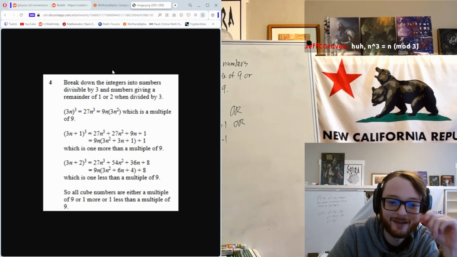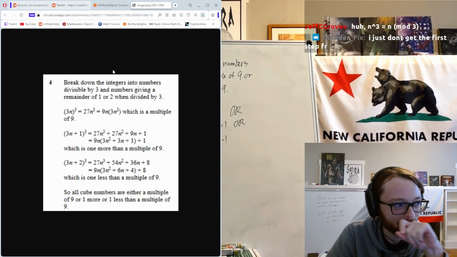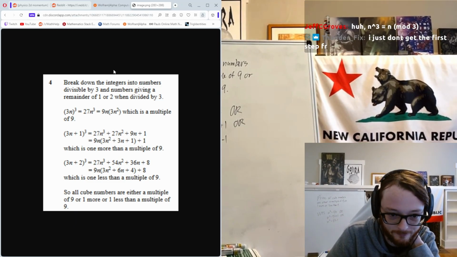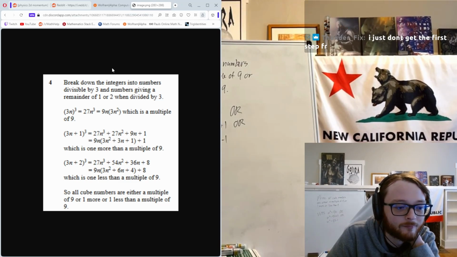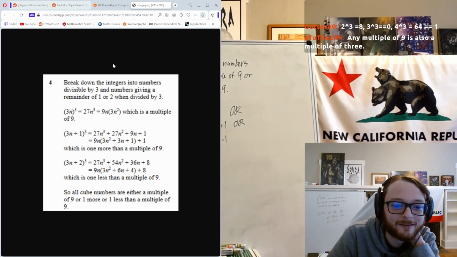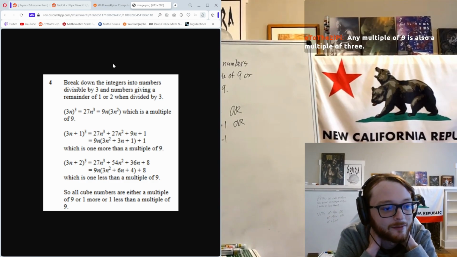Yeah, because why is it 3? I know that 3 is a factor of 9. A multiple of 9 is also a multiple of 3. But if I'm doing the problem blind, I don't know if I would think to do that.